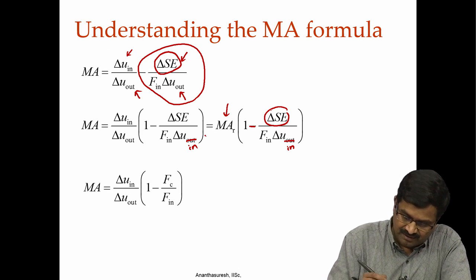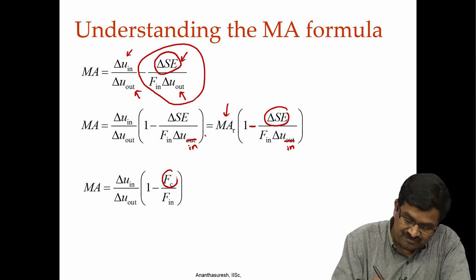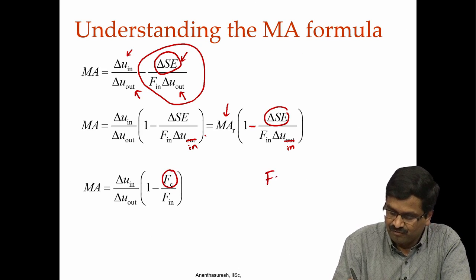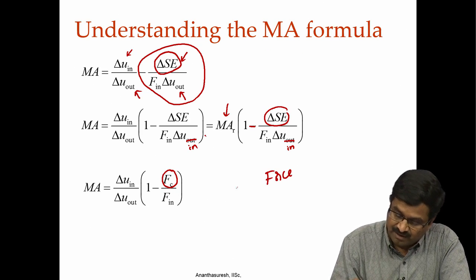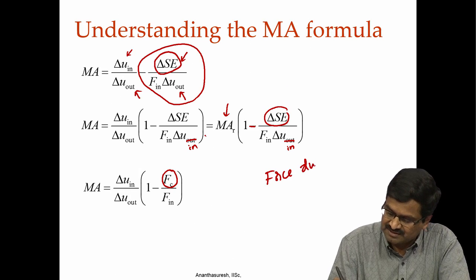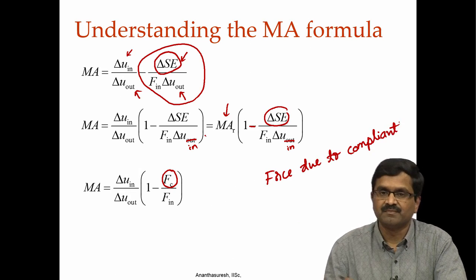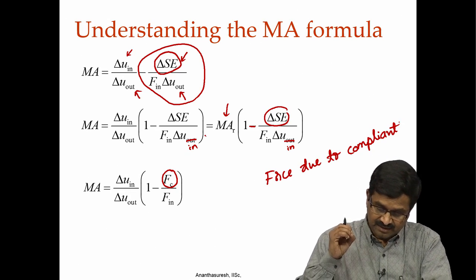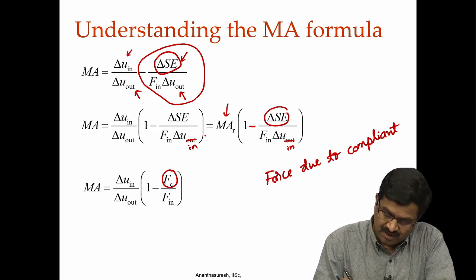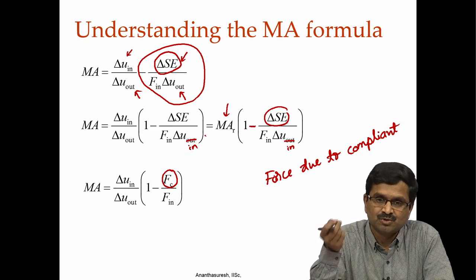Solomon and Midha defined something called FC, what they call force due to compliance. That is, when you have a compliant mechanism, unlike a rigid body linkage, the input force is used partly to deform the mechanism, to store energy.